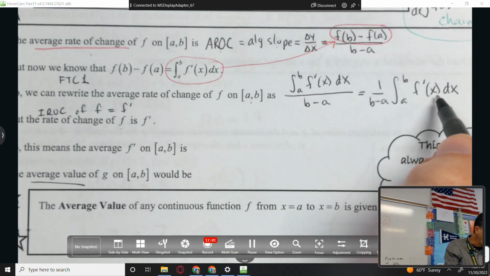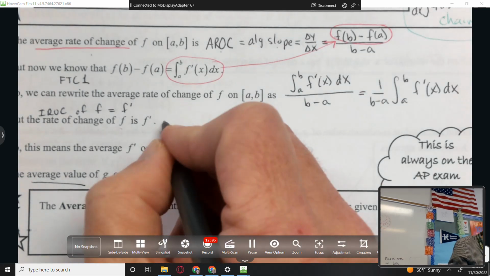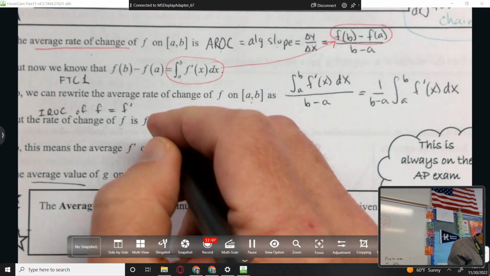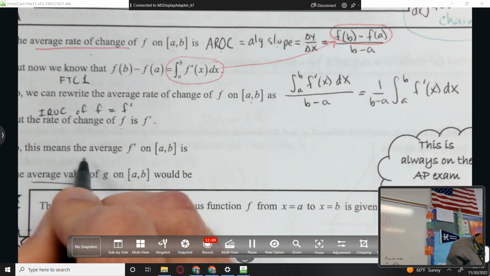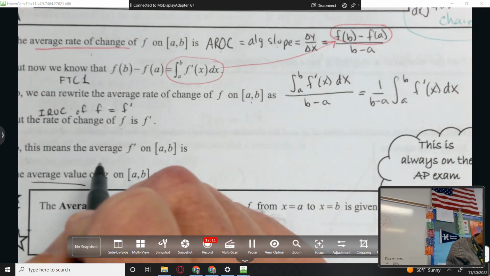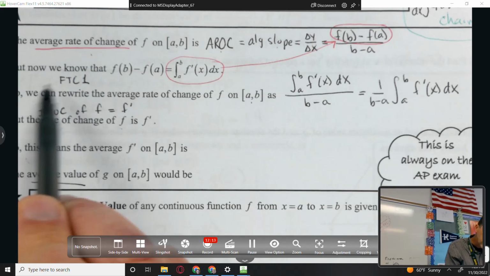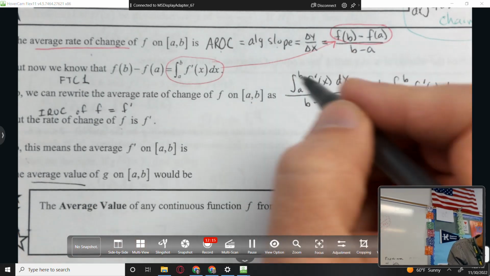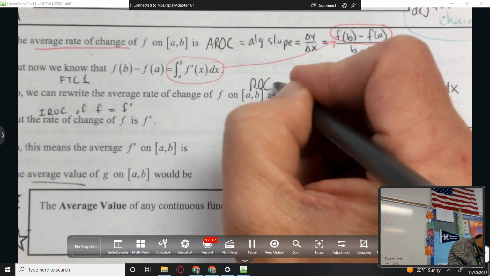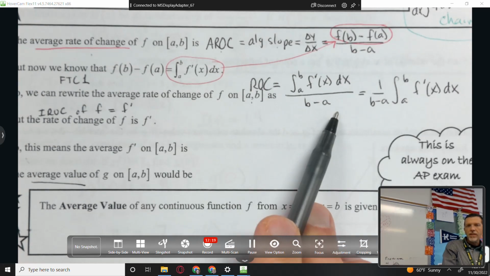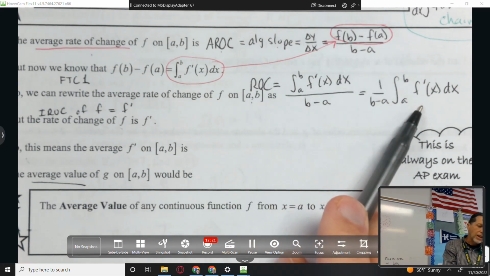So that means that what we just found is that the rate of change of, what are we saying here? All right, this was our rate of change up here. That's what we found. We just wrote it a little bit differently.